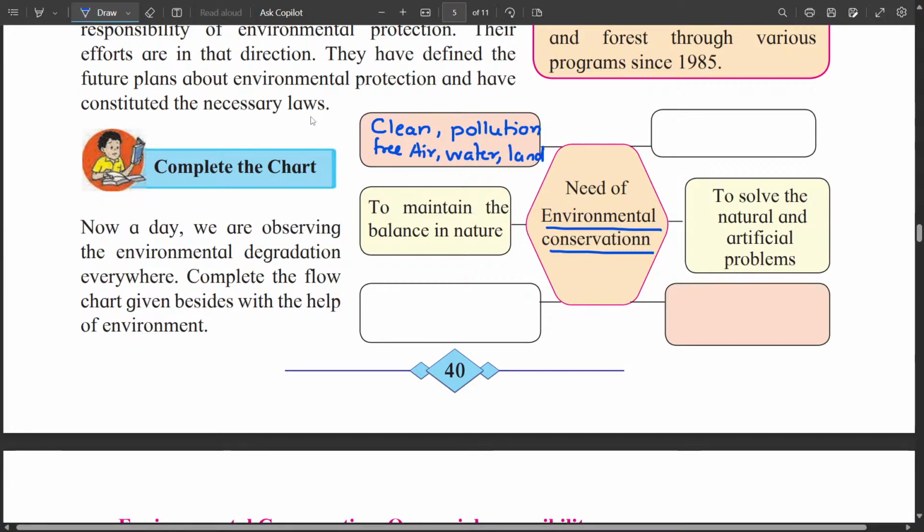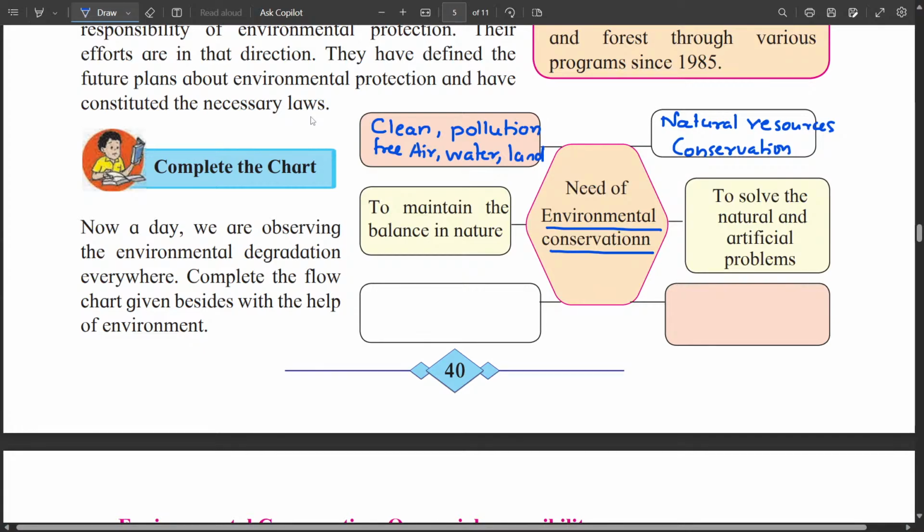Then, to conserve natural resources. Now we know that we need natural resources for our food, shelter, etc. So their conservation is very much important. Then, to solve the natural and man-made problems.